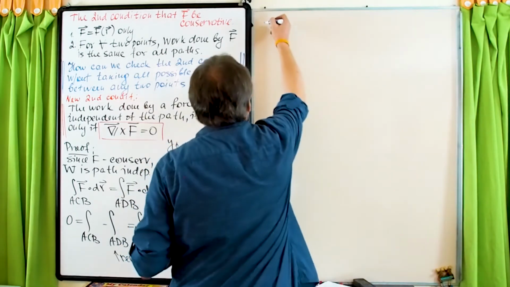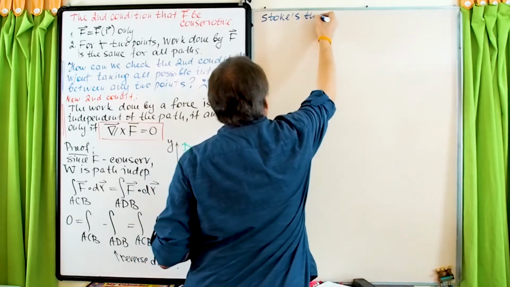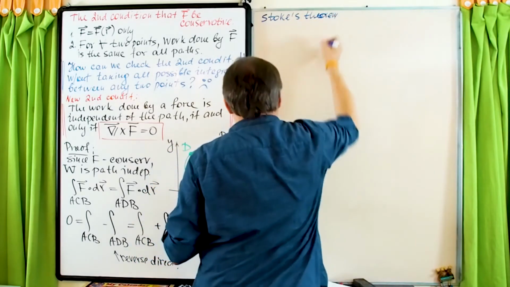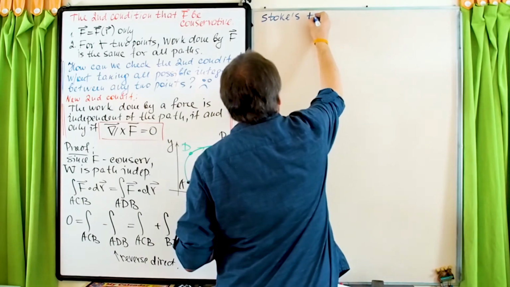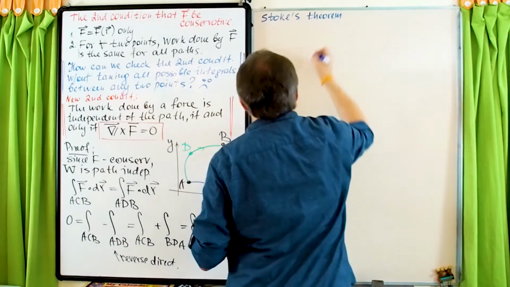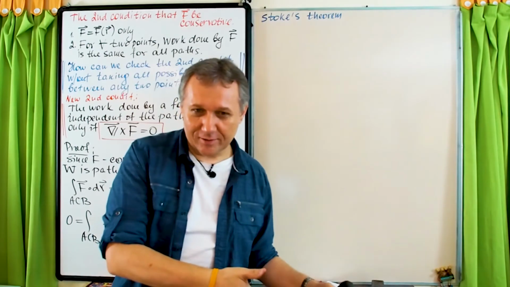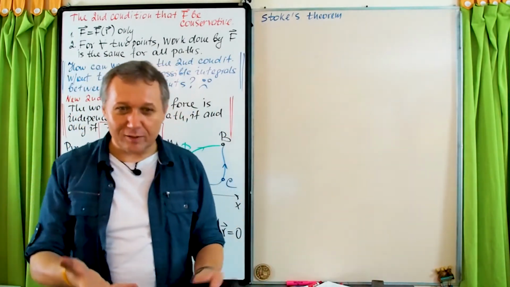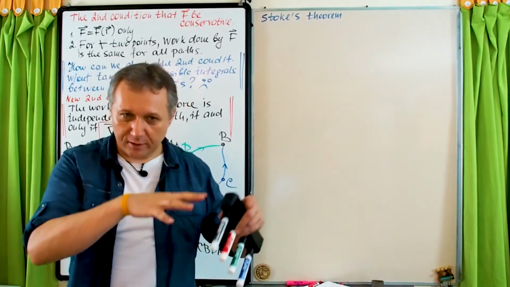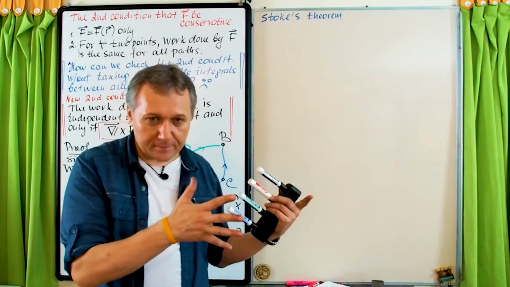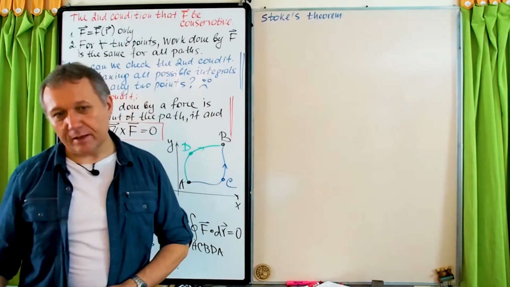So now let's use Stokes' theorem. Recall Stokes' theorem, which connects, as you remember from calculus, the line integral over a closed loop with the integration over a surface bounded by that closed loop.